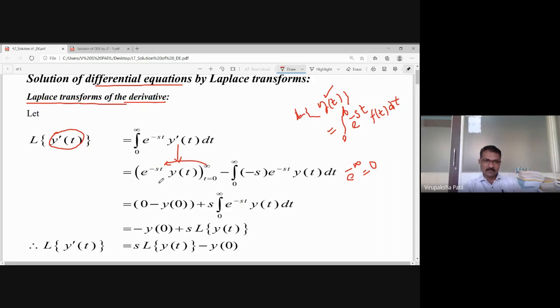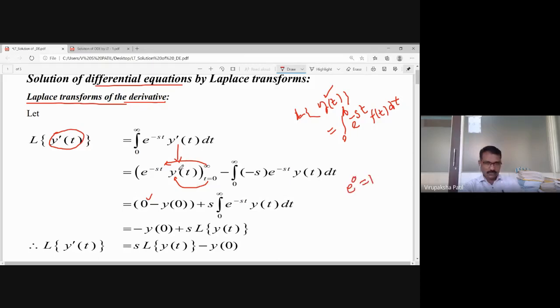So the upper limit completely becomes 0, which we have written here, minus the lower limit, wherever t is there, you have to put 0. E raised to 0 is 1.